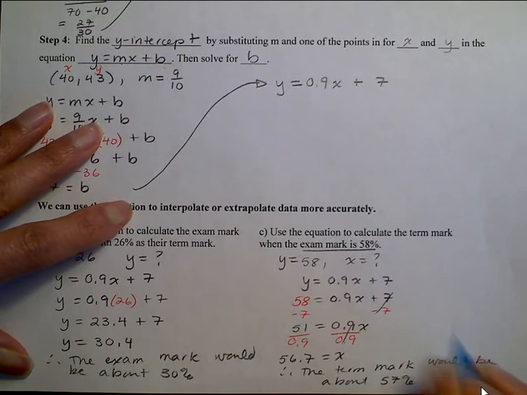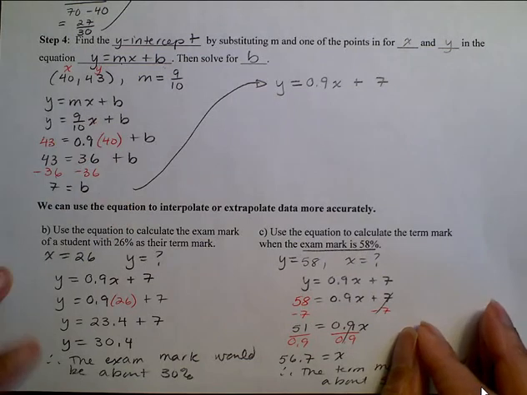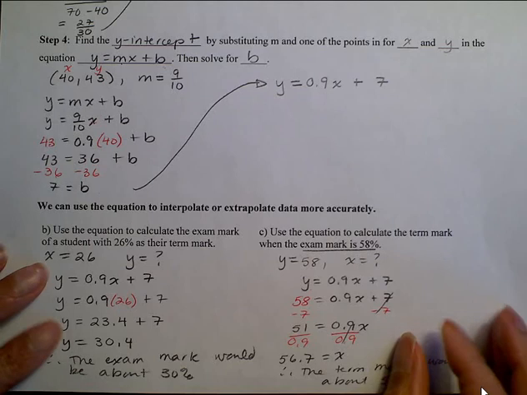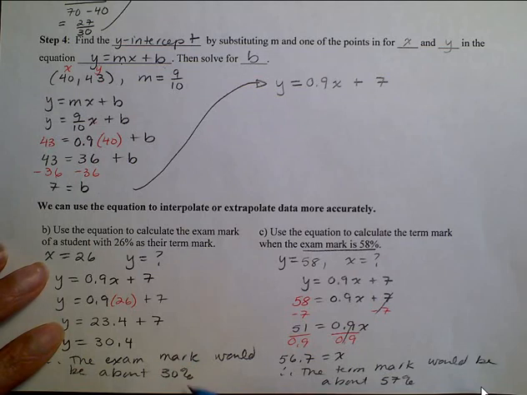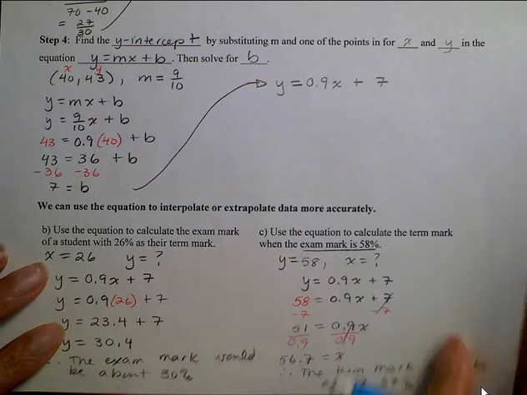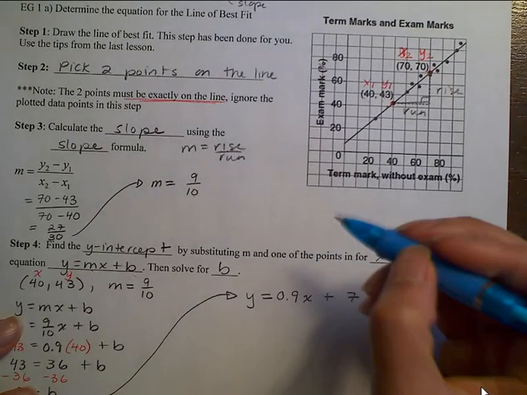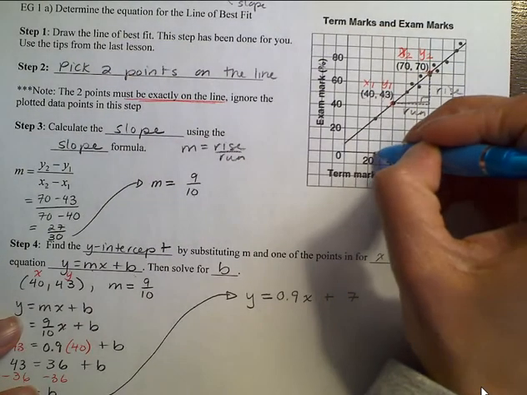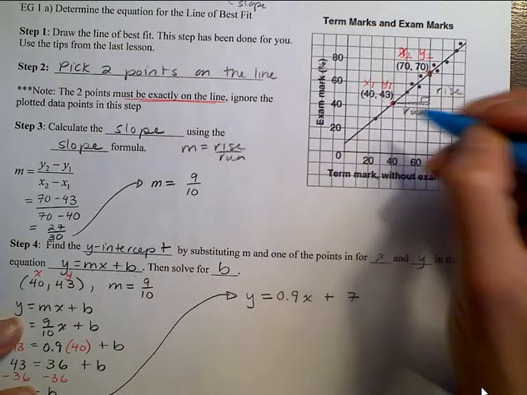We should always take a look just to make sure that these numbers look reasonable in our graph. So let's go back and check. If we had a term mark of 26, does it seem reasonable that the exam mark would be about 30? Let's look. So 26 would be somewhere here, and yes, it does look reasonable. Let's check the other one.